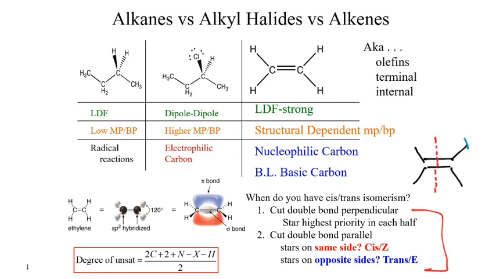Star your priorities; I'm going to just say star and star. Then cut parallel to the pi bond and see how those stars are related. If they're on the same side, then they're cis. If they're on opposite sides of that parallel bond, then they're trans. I will say that the opposite side has to be on different carbons.